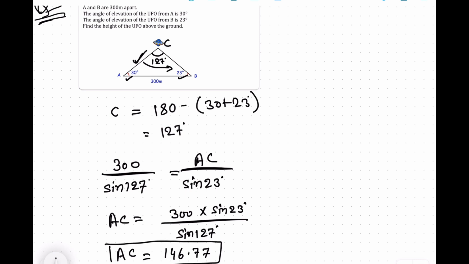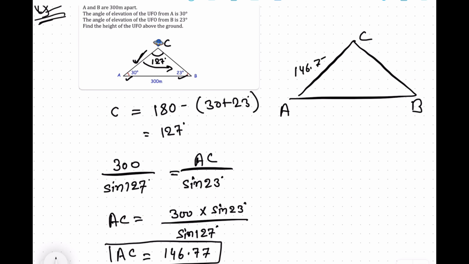Now within this triangle, this is your C, this is your A, this is your B, correct? We got AC as 146.77, right? Let it be, this is the height from the ground, h, and this is your 30 degree. We know sine 30 degree is how much? It is a half. It's a special angle, right? Let's apply the simple sine, cos, tan rule in this triangle.